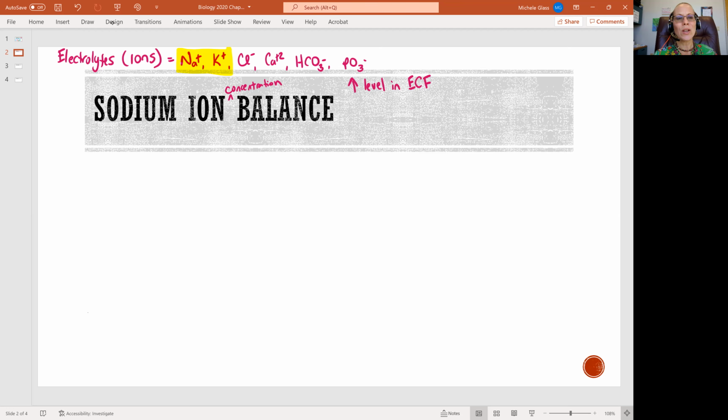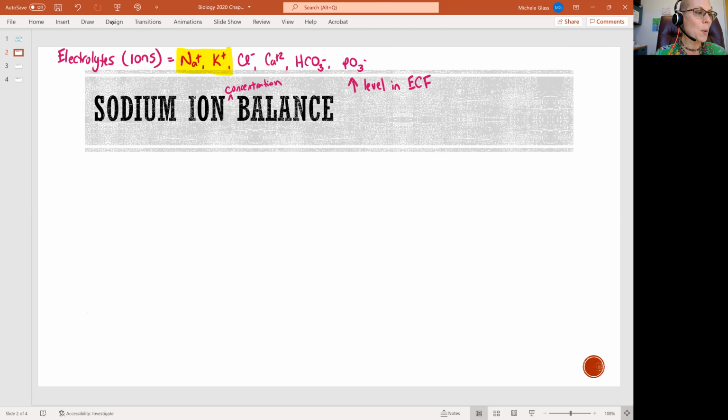Instead, we regulate sodium ion concentration kind of through the back door, if you would kind of follow me in that reasoning. We regulate sodium ion concentration by altering the amount of fluid that we have. So if we have too much sodium, if it's too salty, we just add more water and that dilutes it out. If we don't have enough sodium, we get rid of the extra water and that concentrates it.